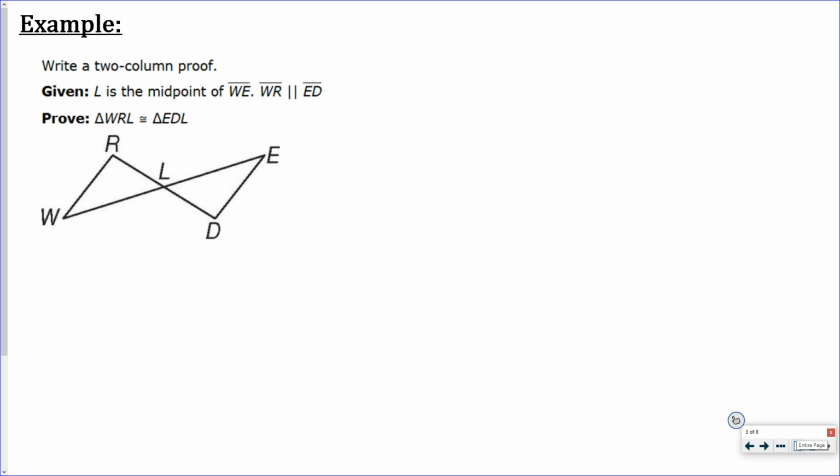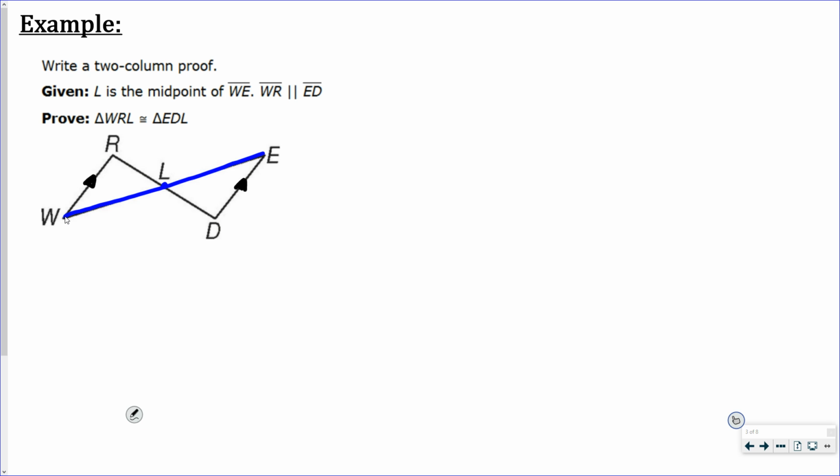I am given that L is the midpoint of line segment WE. All right, I'm just going to highlight that kind of as I go here. WE, L is the midpoint. I'm also given WR is parallel to ED. They want me to prove triangle WRL, this triangle right here, is congruent to EDL.